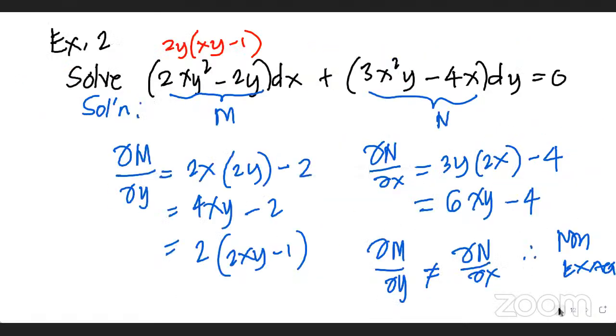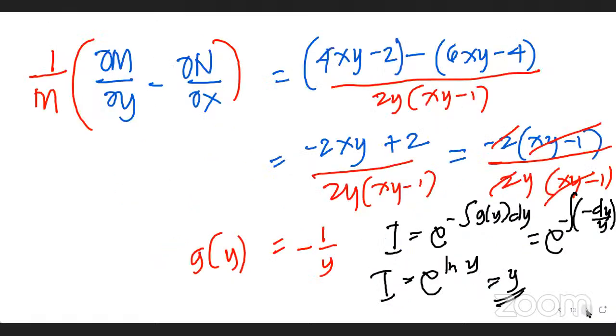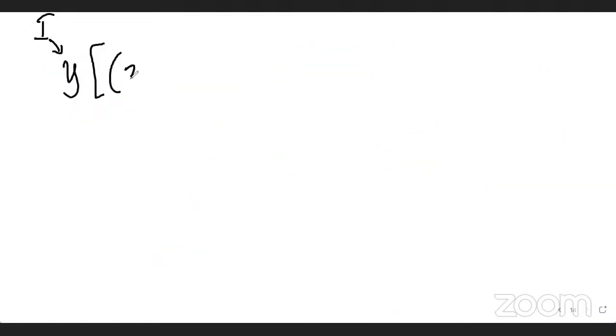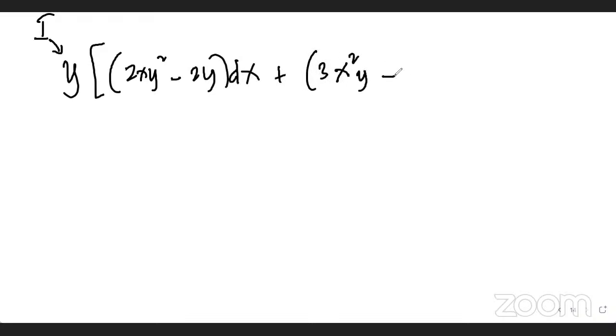Sige. So ito yung ating integrating factor, guys. You multiply this dun sa ating given equation, which is, balik tayo, 2xy squared minus 2y times dx plus 3x squared y minus 4x times dy, equal to 0.